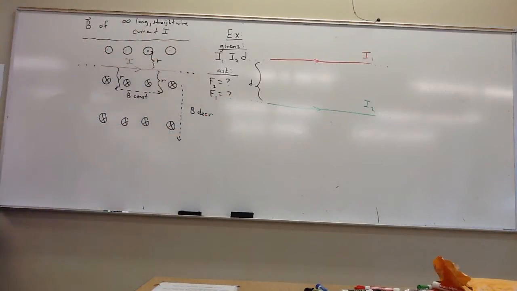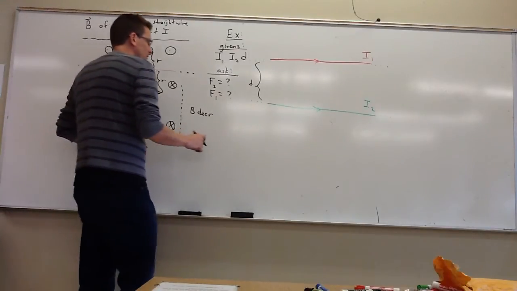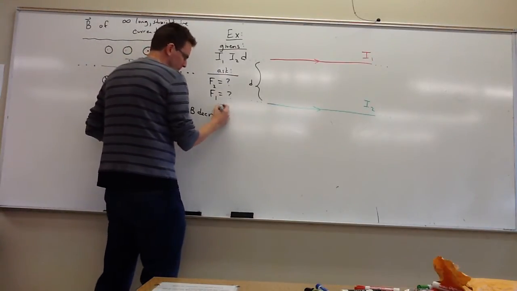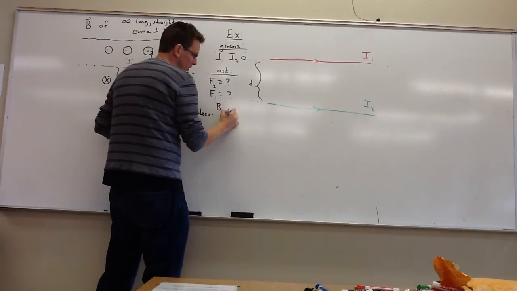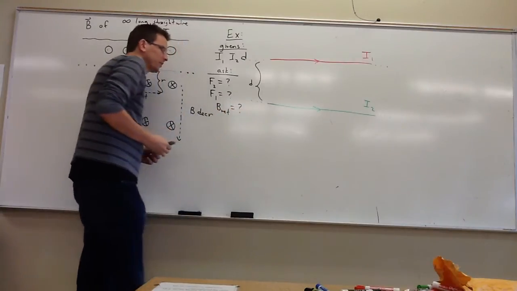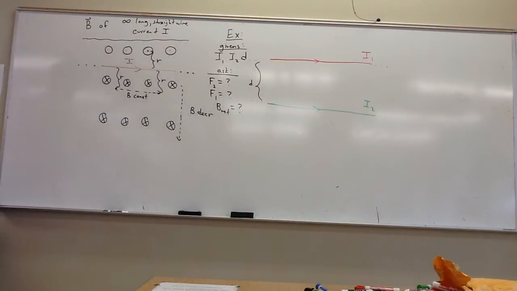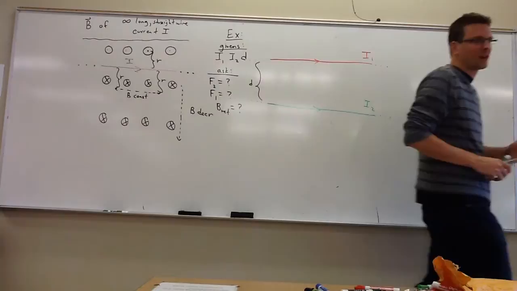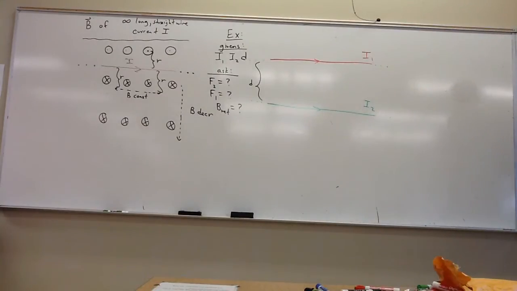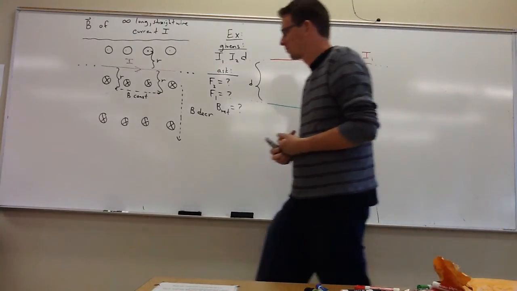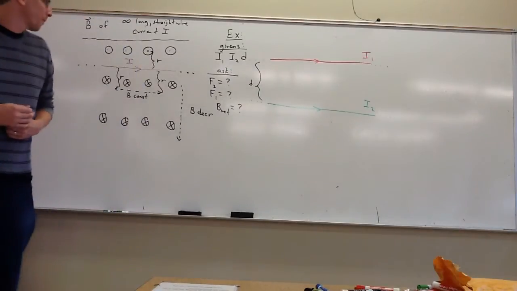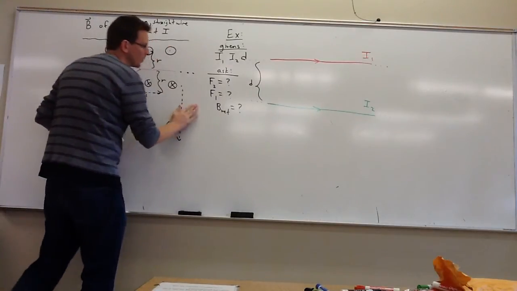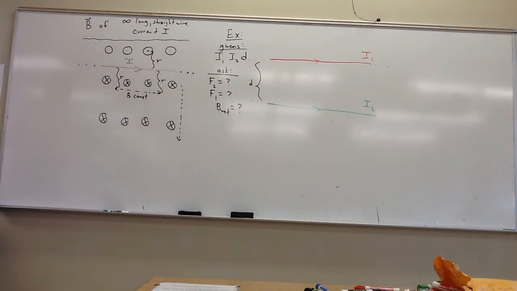What's the force on wire 1? And once I've done that, talk generally speaking about B net in the region. Okay? So that one won't be quite as much of an example problem. It's just kind of generally pontificating about the system. Okay, so let's go ahead and get started.